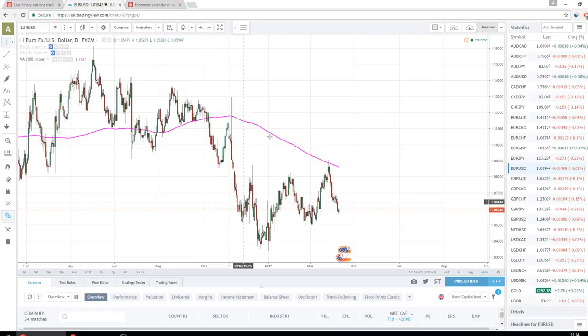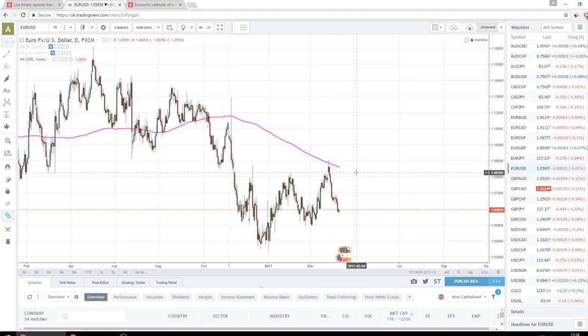Well, basically what does it give to us right now? That's the strong levels of support and resistance. You see that within the movement of the moving average, the price is reflected from it, as up, as down.